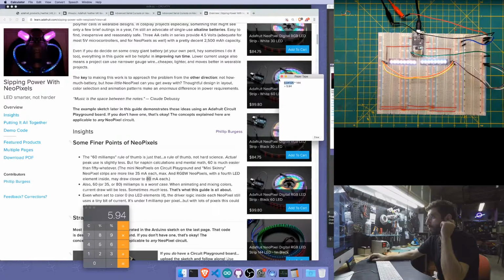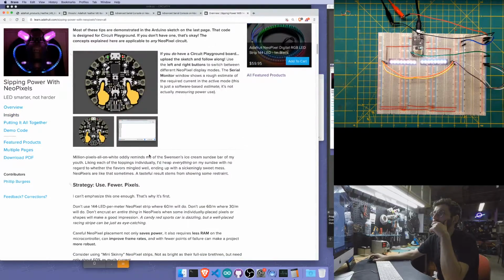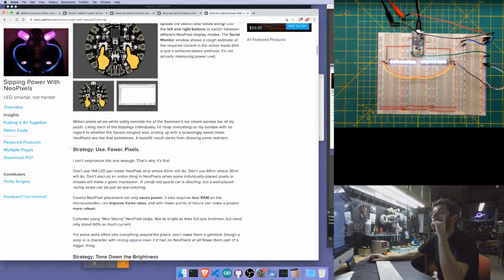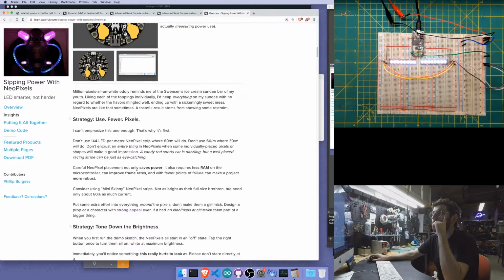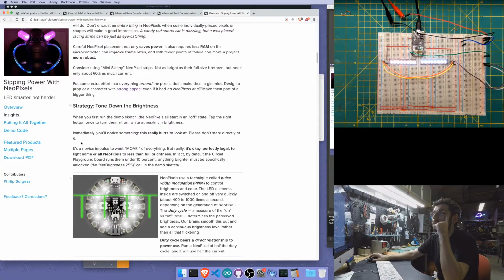We're seeing roughly 0.04 amps per LED. There's one strategy: use fewer pixels, sure. Tone down the brightness, yeah, I think this is where I read. It kind of defeats the purpose, because we want it to be as bright as possible.